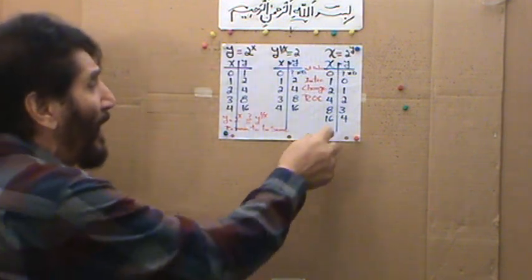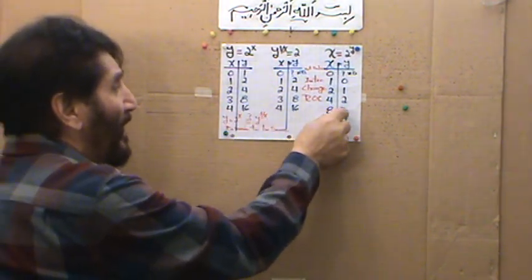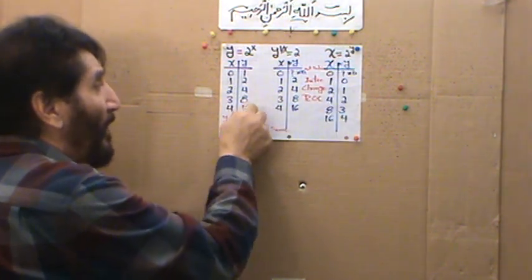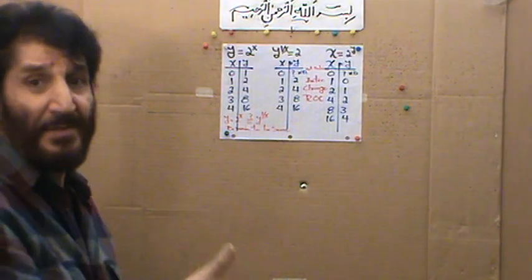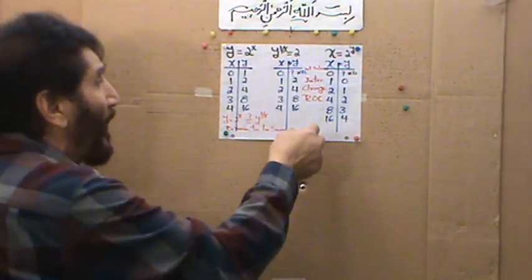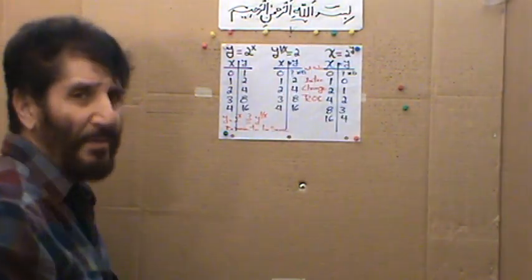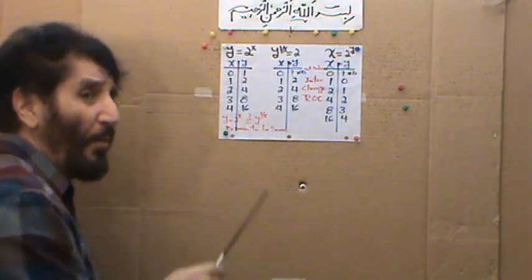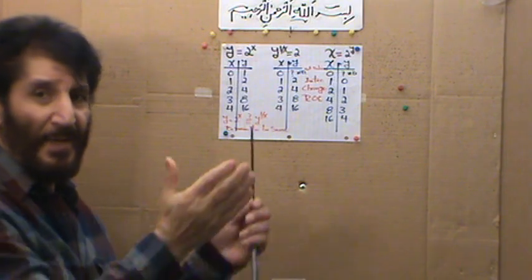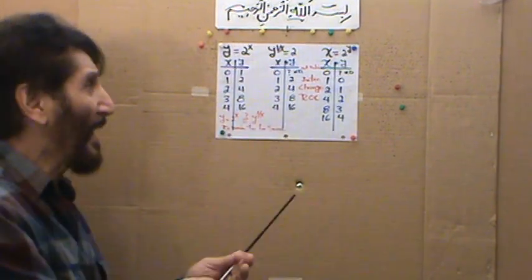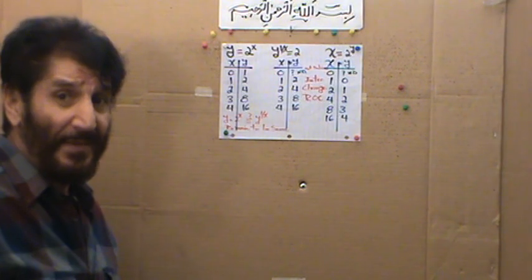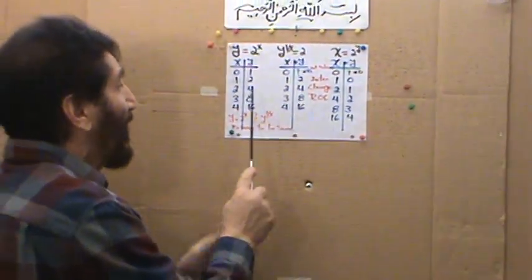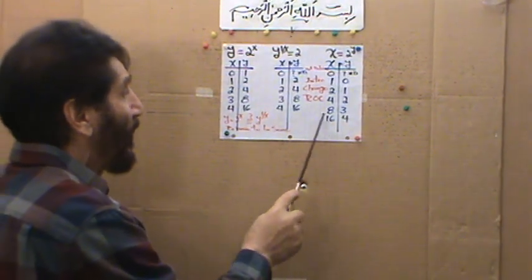When you compare this cross table with this cross table, this and this are exactly x and y switched, as we have done in the previous lectures. The ordered pairs x and y have been interchanged, as you can see for yourself.